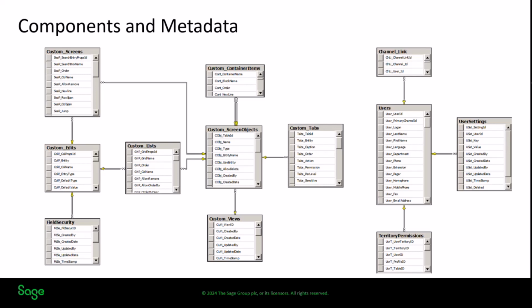If we've added it into the list, then it will be in the custom_lists, and it will be inside custom_screen objects as well. So there are a lot of metadata tables that will be touched as we add new components in.